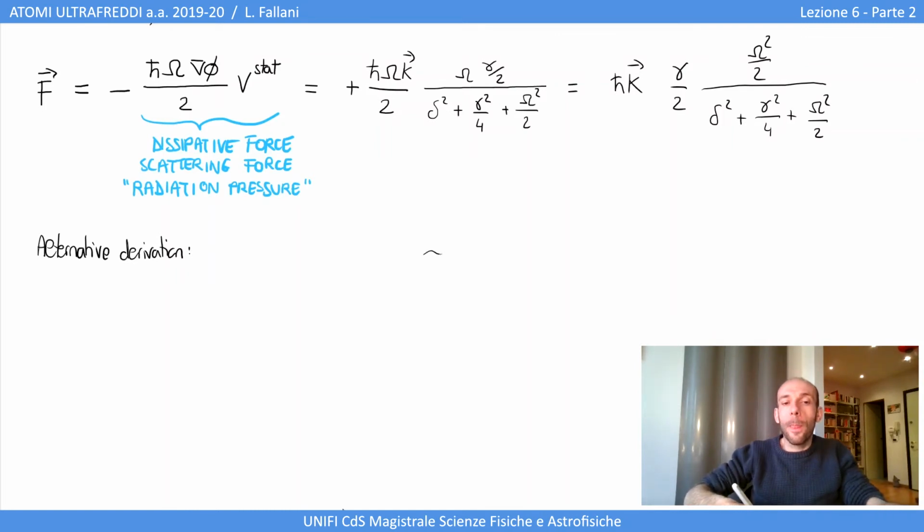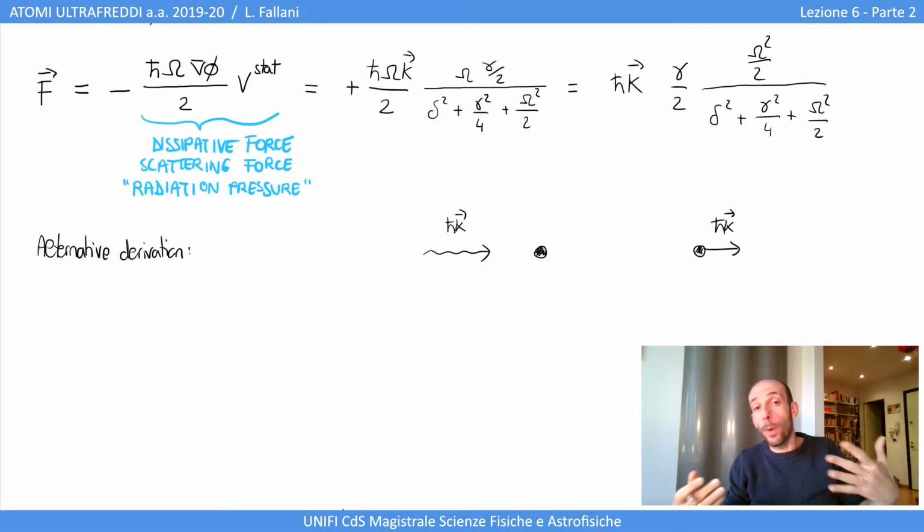And so if you have a photon with a momentum h bar k, and this photon is absorbed by the atom, of course, after the absorption, the momentum of the photon should be gained by the atom that will recoil with a recoil momentum h bar k.